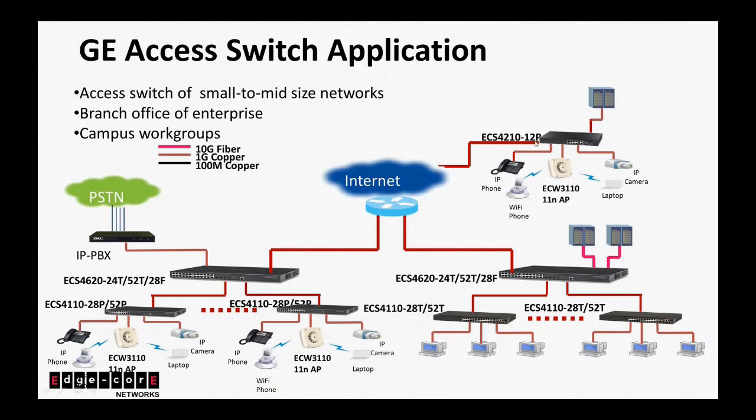And we also provide the gigabit switch with PoE function. So they can connect to the IP cam, IP phone, and the AP. So the IP cam, AP, and IP phone don't need to connect to a power supply. They can get the power from the switch and also access the network with the same cable.